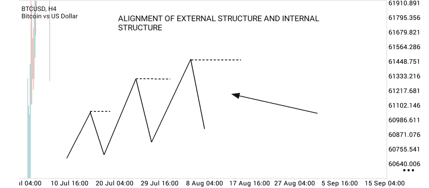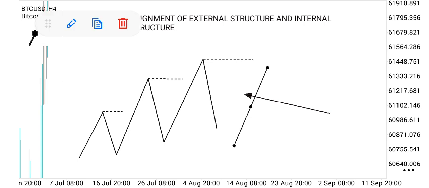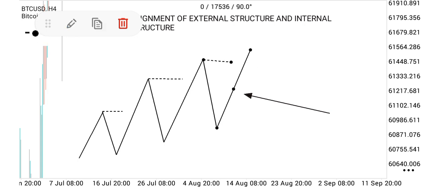Price will move from this point, clear this break of structure again, and give us a new break of structure.